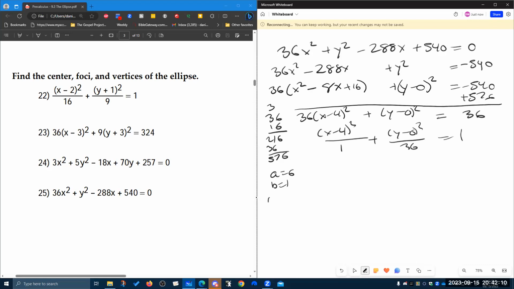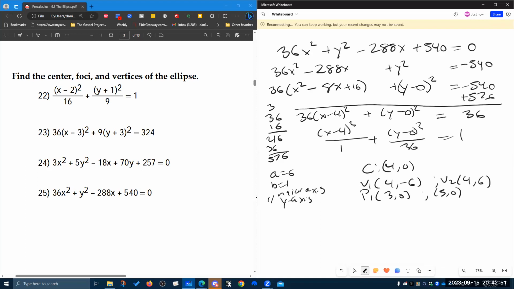This is going to be parallel to the y-axis for the major axis. And our center is at (4, 0). My vertices are at (4, negative 6) and (4, 6). My additional points are at (3, 0) and (5, 0).